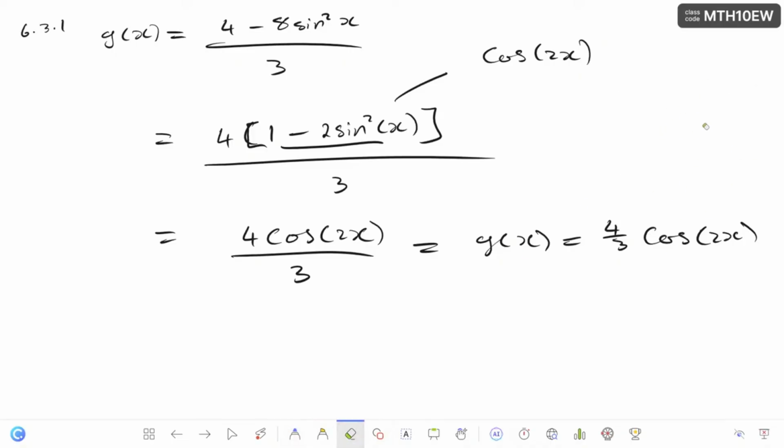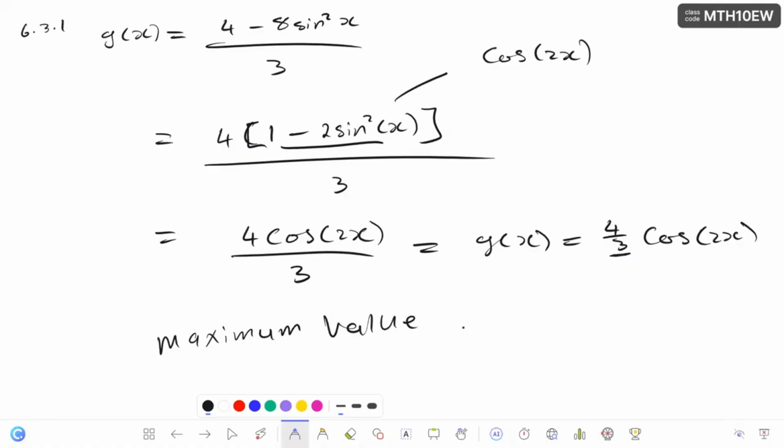If you plot the graph of cos, you're going to find the maximum value to be what? This one. So the maximum value is 4 over 3. The maximum value is 4 over 3.